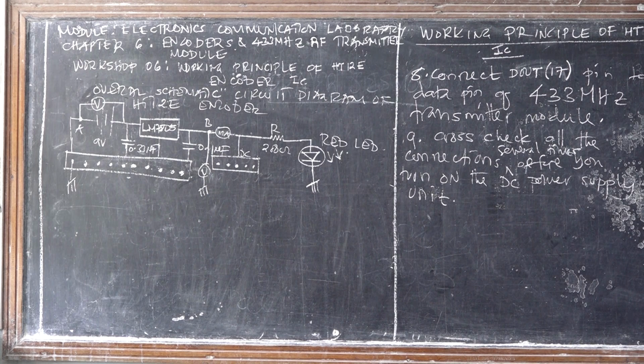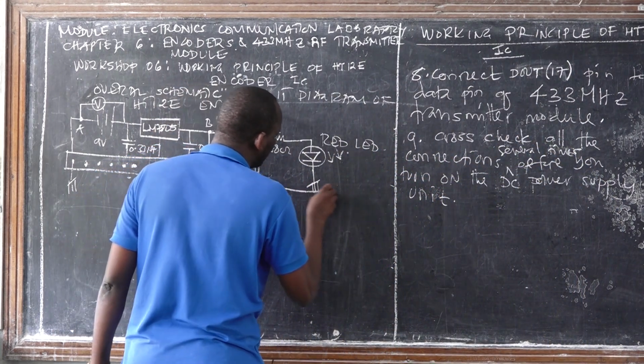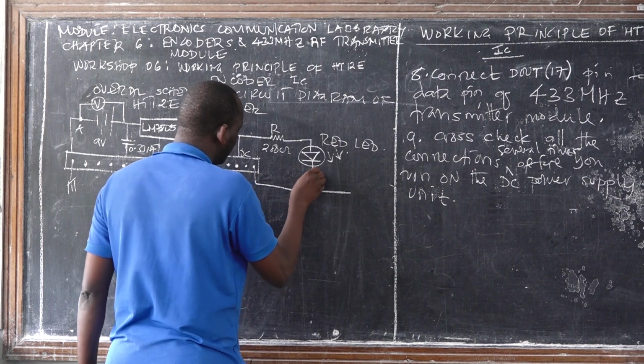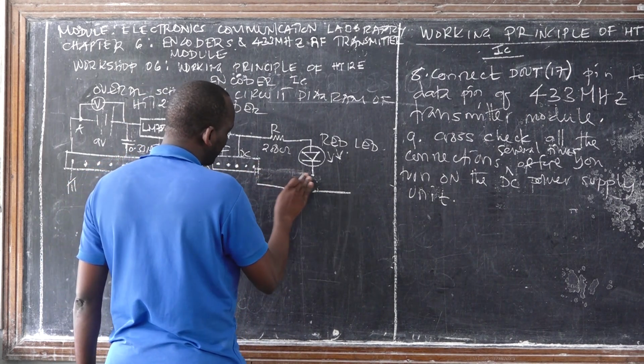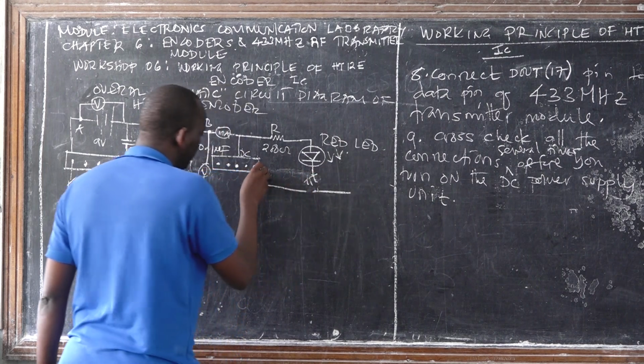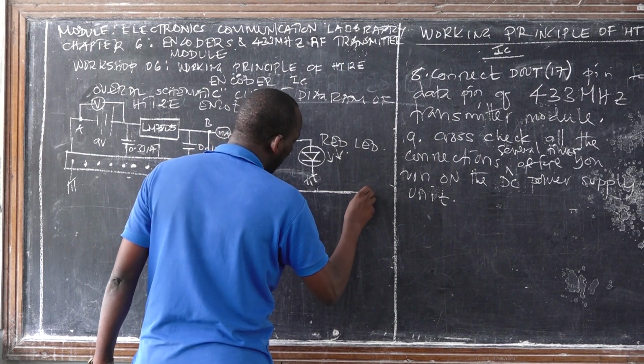So to simplify the concept, it's better for you to draw your pull-up resistor network. So for this case, yes, you have grounds, that's fine.